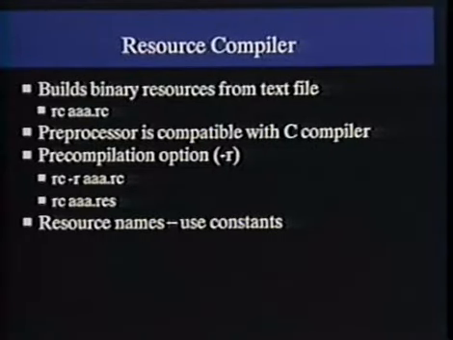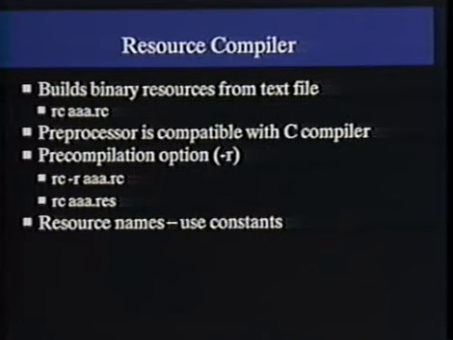So the resource compiler has two modes of operation. One, to take the resources that are in the script file and produce a binary version of that. And then the second one is to take the binary version of the resources and merge them with an exe file to create a larger new exe file.